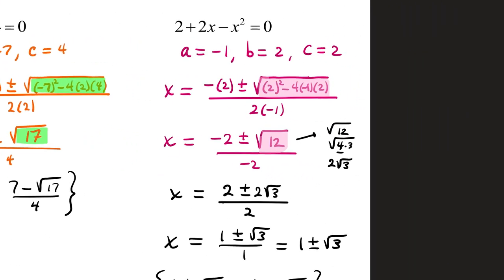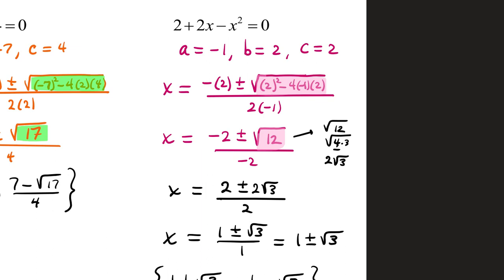Our last example, we have 2 plus 2x minus x squared equals 0. All the terms are on one side, but they are scrambled and not in particular order. If you wanted to rewrite this equation where everything's in order, you could write it as negative x squared plus 2x plus 2 equals 0.